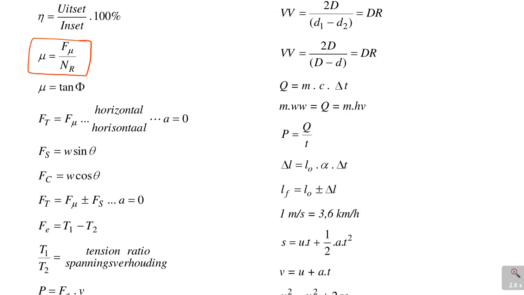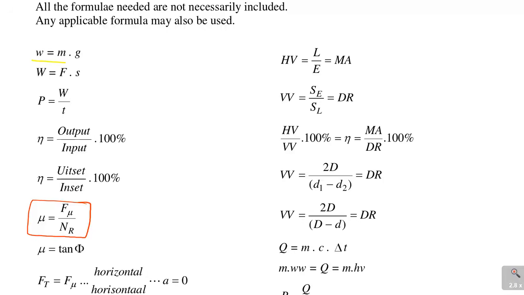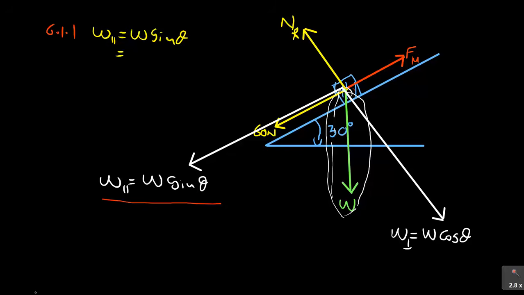Remember, we did establish that W was M times G. If you still remember, we had that formula here, M times G. So it will be M times G times sine theta.